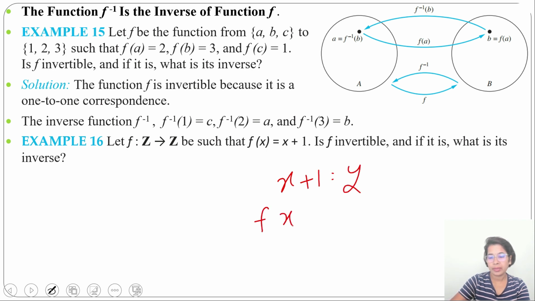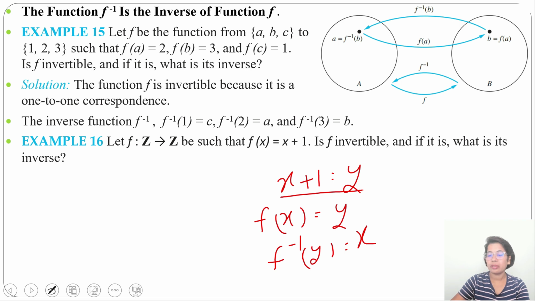So f of x equals y. We can say f inverse y equals x. In terms of y, x plus 1 equals y, so we can write x equals y minus 1. We take this 1 to the right side. So in place of x we can write y minus 1. So f inverse y equals y minus 1.